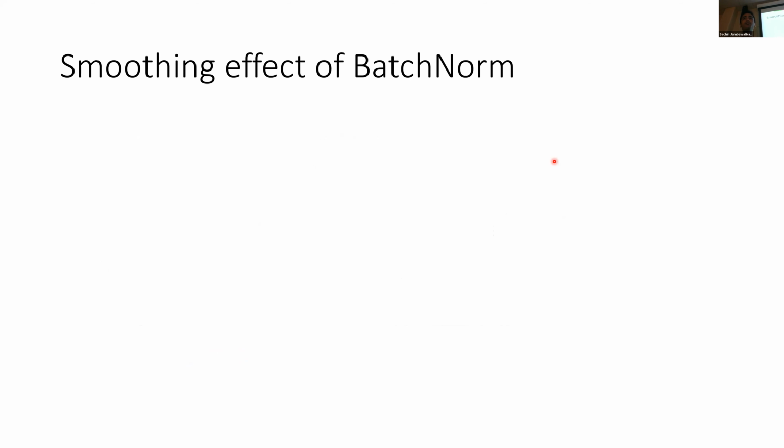So then we look at other effects of batch norm. Maybe internal covariate shift is not the only factor, it might be one of the factors affecting network training due to batch normalization. Some of the other effects would be how batch norm smooths the loss landscape.